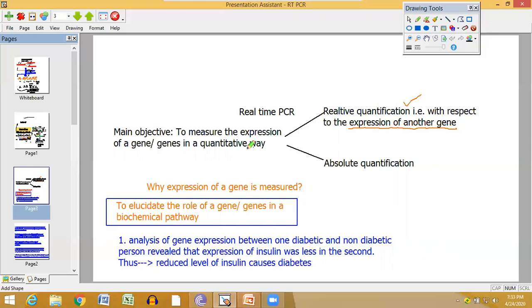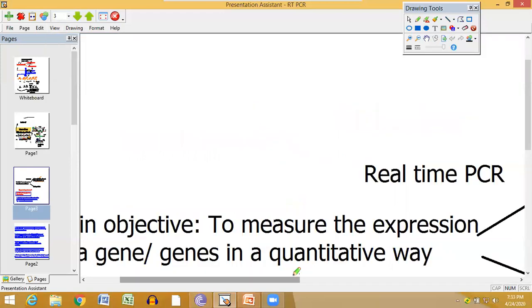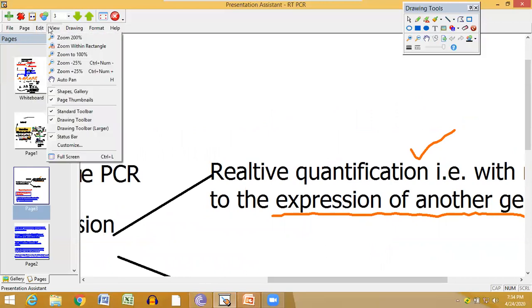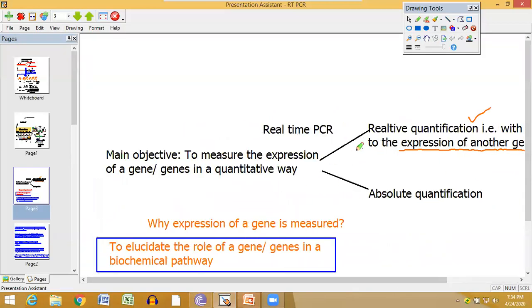There are basically two steps. In the first step, reverse transcriptase PCR is performed to make cDNA from mRNA.